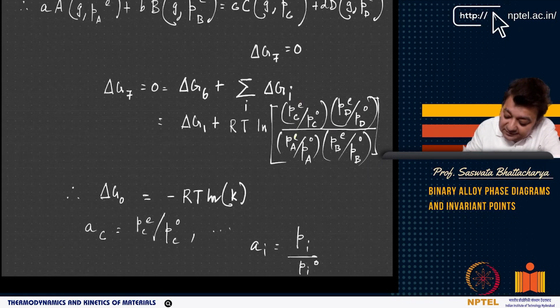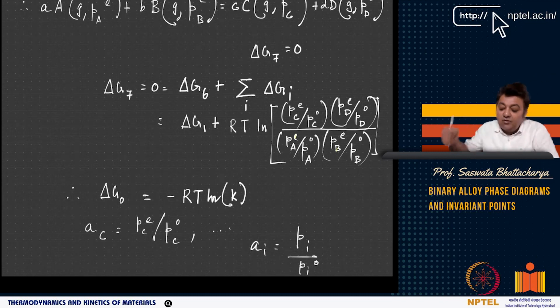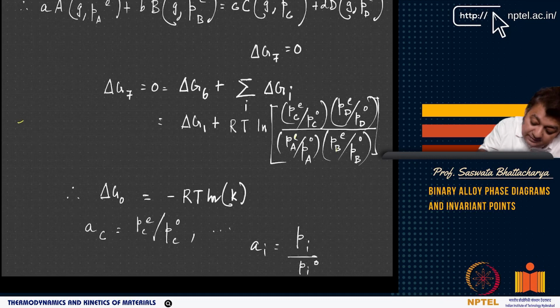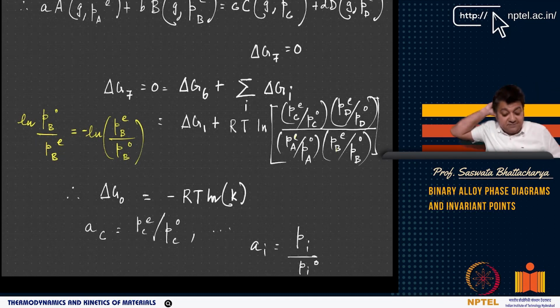This is nothing but the inverse of PA equilibrium by PA naught, and PB equilibrium by PB naught. So you have ln PA naught by PA equilibrium and ln PB naught by PB equilibrium. ln PB naught by PB equilibrium is nothing but minus ln PB equilibrium by PB naught.